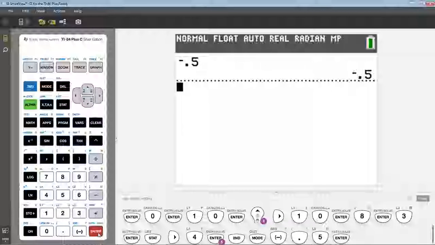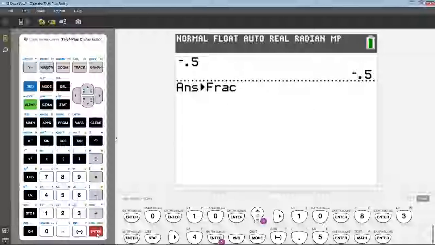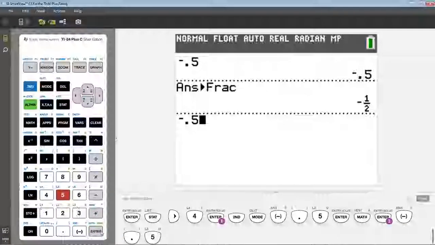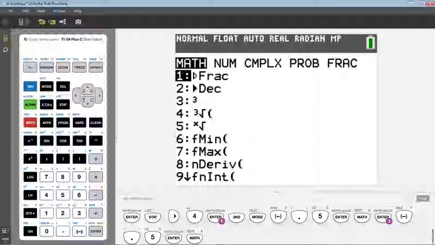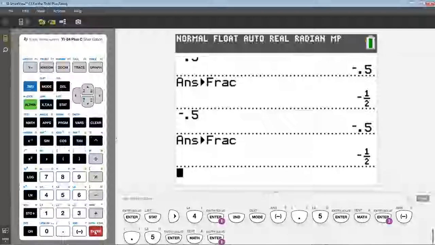So now that's in the memory, and then click Math, Frac, enter, and it will convert your decimal into a fraction. Let me show that again. Negative symbol, 0.5, enter. Then you want to convert this decimal into a fraction, so click Math, and then the first answer, Frac. It's saying I'm going to convert the answer, which is this value, into a fraction. There it is.